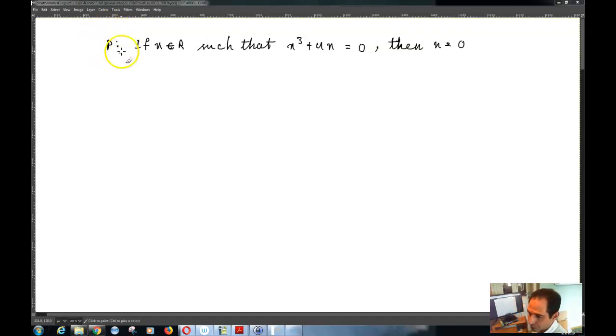We want to show that the statement P is true by the method of contradiction, and so for that we assume that P is not true.